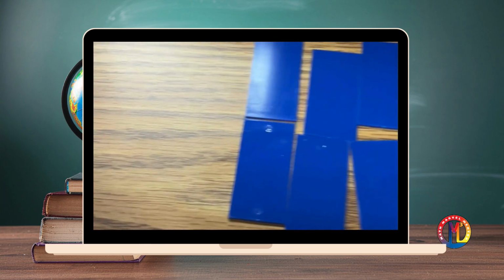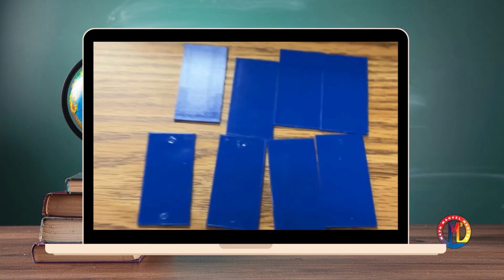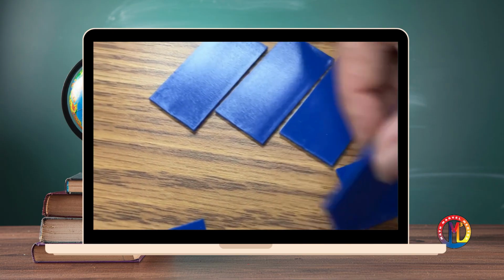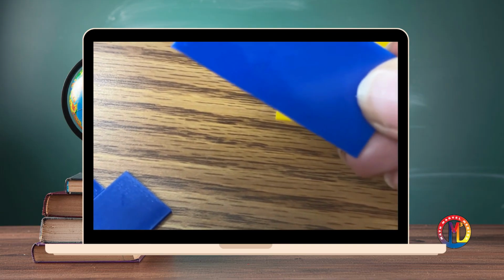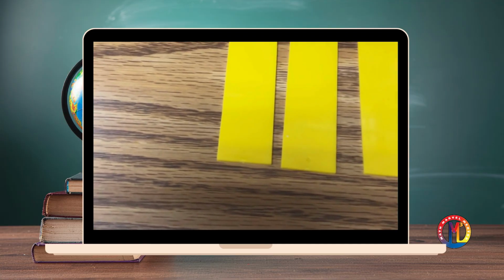Okay, each blue rectangle is representing an eighth, right? Because there's 8 in that whole red square. Okay, so I just need one of these. Each cookie requires this much dough, an eighth. And then here's the total amount of dough I have, 3/4.